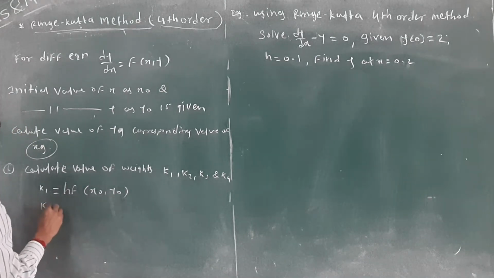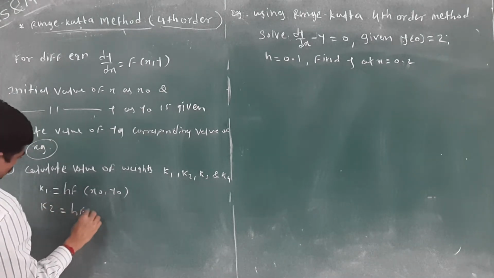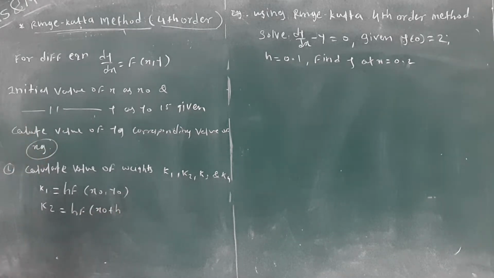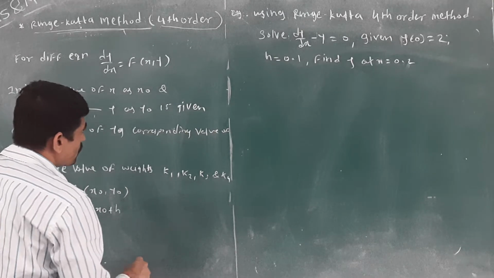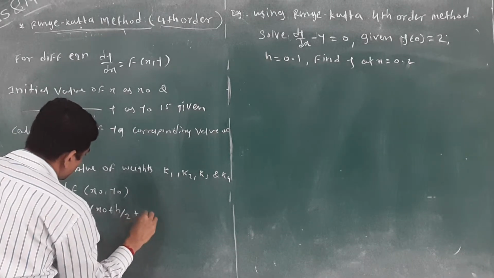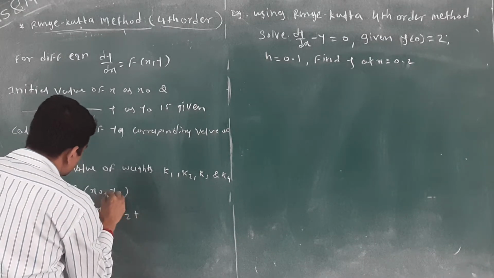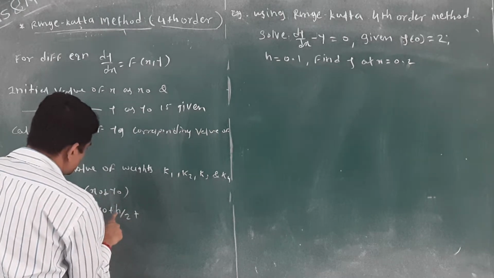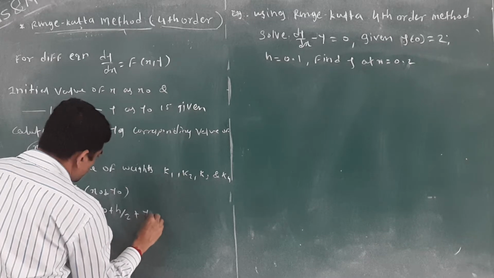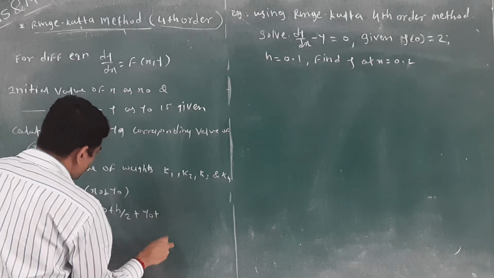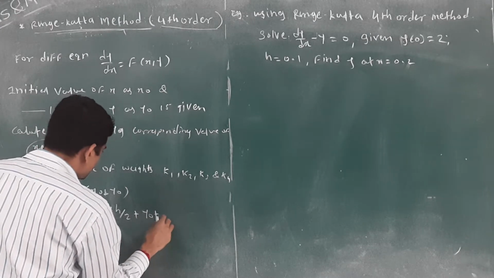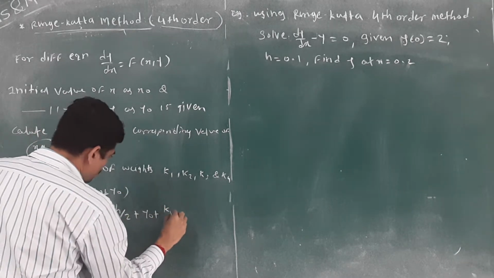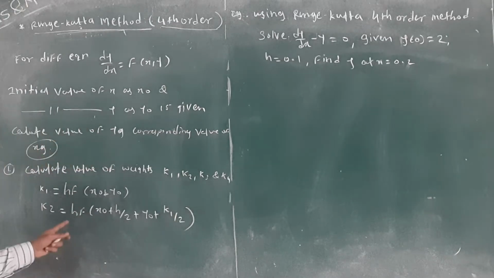Second is k2. We know that k2 is h f of (x0 plus h by 2, y0 plus k1 by 2). Yesterday we have seen the formula. Use this formula.